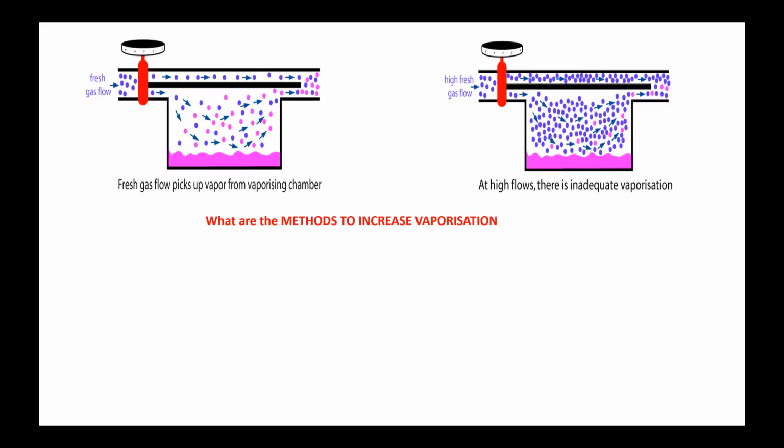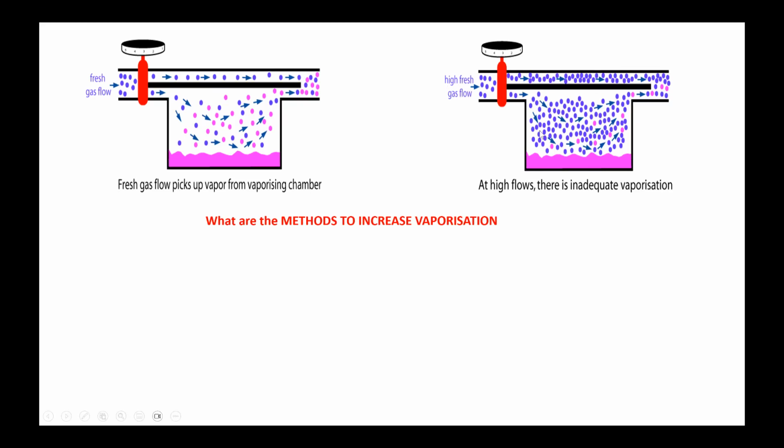For example, you use a fresh gas flow of 2 liters oxygen and 4 liters nitrous oxide and set the sevoflurane dial at 2%. Will it pick up more vapor or less vapor? Sir, more vapor. Logically thinking, it looks like that.